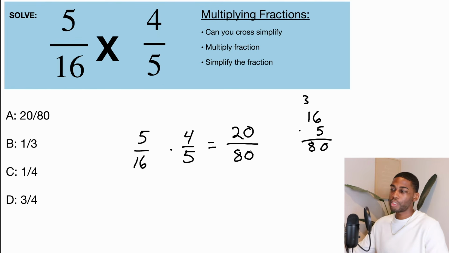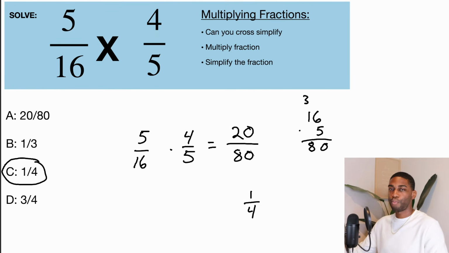But what if it was 20 over 82 or 20 over 84? It just becomes a lot more difficult, right? However, we know that 20 over 80, 20 goes into both of these numbers, right? So if we had to divide by 20, 20 goes into 20 one time, 20 goes into 80 4 times. 1/4, aka C, would still be the correct answer, right?